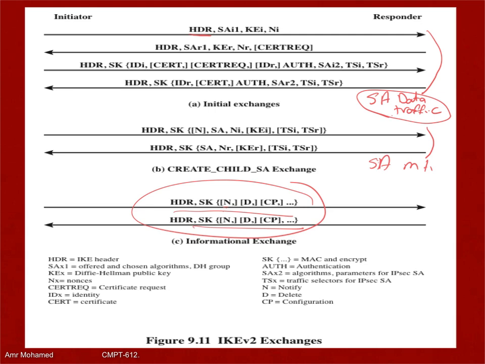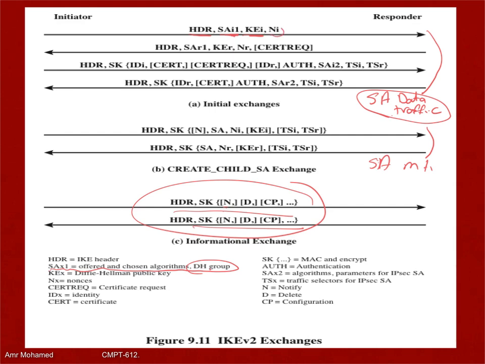Then SAI1, if you see here, is to negotiate the Diffie-Hellman group, together with the parameters for the Diffie-Hellman, including the public key and alpha and q and so on. These are values that can be exchanged. So you are saying, can I use this group? And by the way, this is the public key that I want to use, and this is alpha, and this is q. Is that okay?